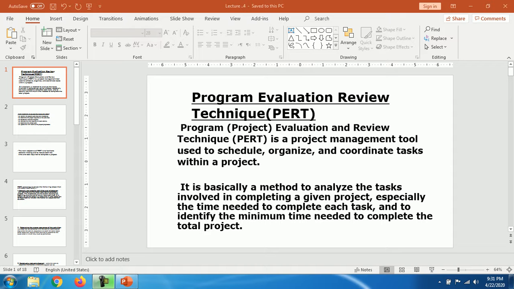It is basically a method to analyze the tasks involved in completing a given project, especially the time needed to complete each task, and to identify the minimum time needed to complete the total project.